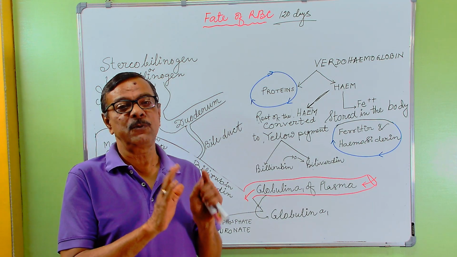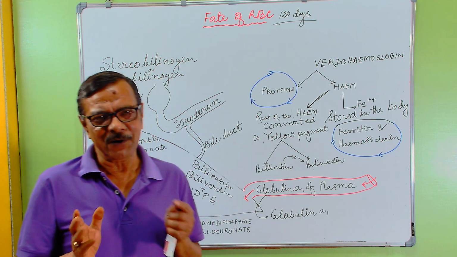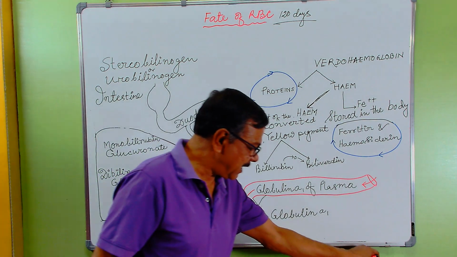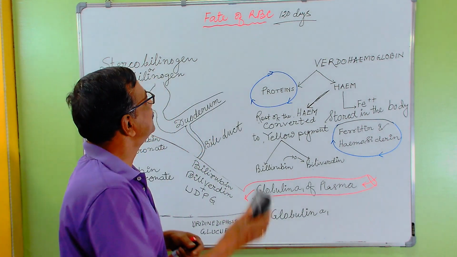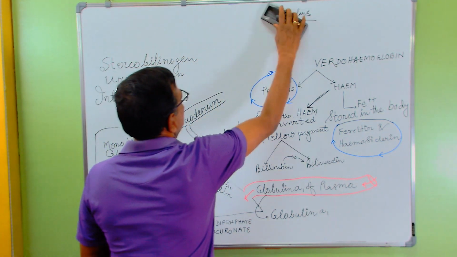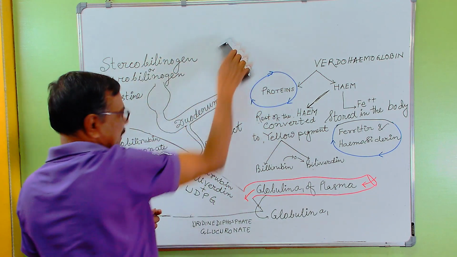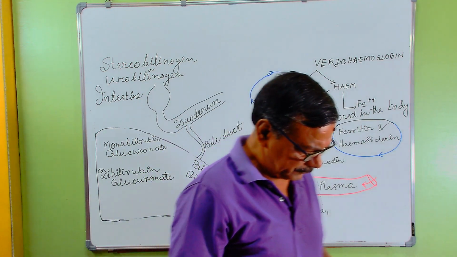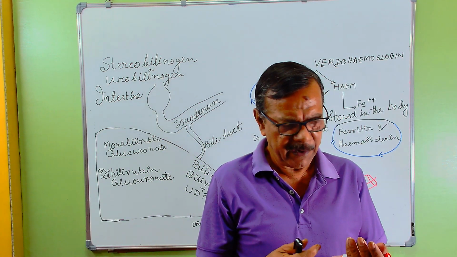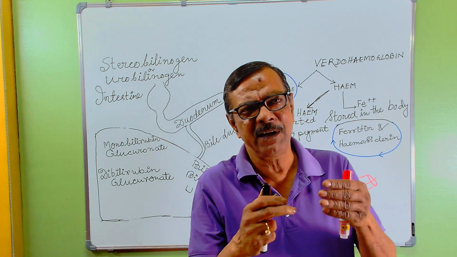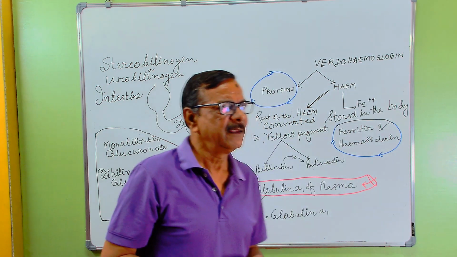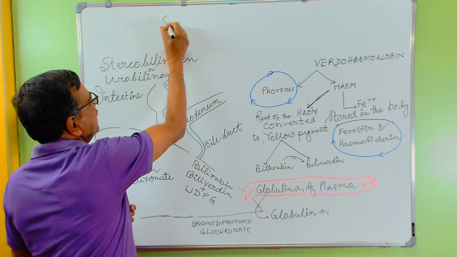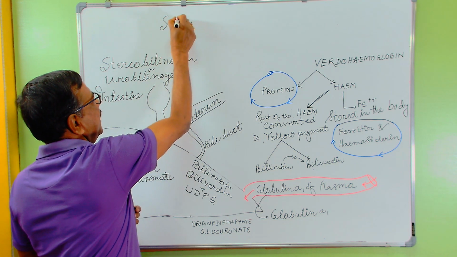Now what happens after 120 days? We ignore this chapter sometimes. Now let's see how the RBC gets a tragic death. Let us start from here. Once RBC gets aged, that is 120 days or 119 days or something like that, these RBC become senile, S-N-I-L-E, senile.